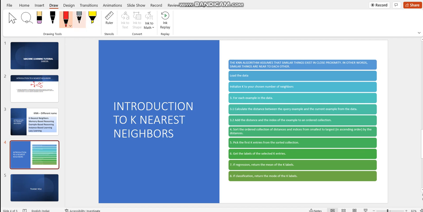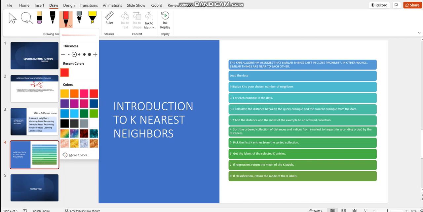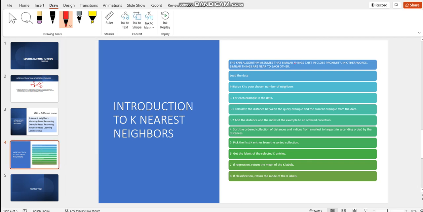That is, the things that are similar are very much close as compared to the things that are dissimilar. So this is the basic concept behind KNN, and in other words we can also say that similar things are nearer to each other.